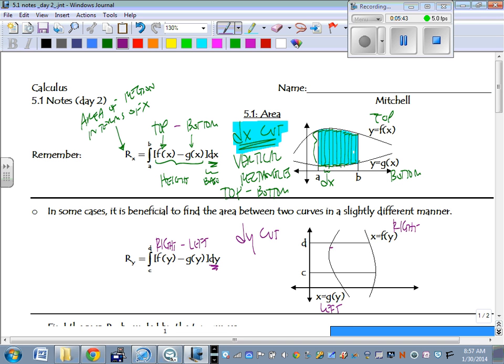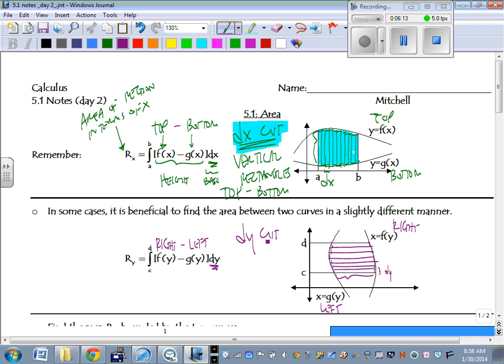Here we have horizontal rectangles. So here we have dy for that little change in y. And this part right here is going to be the f of y minus g of y. That gives us, whether you want to look at each one as base or height, it really doesn't matter, but those two give us that area.